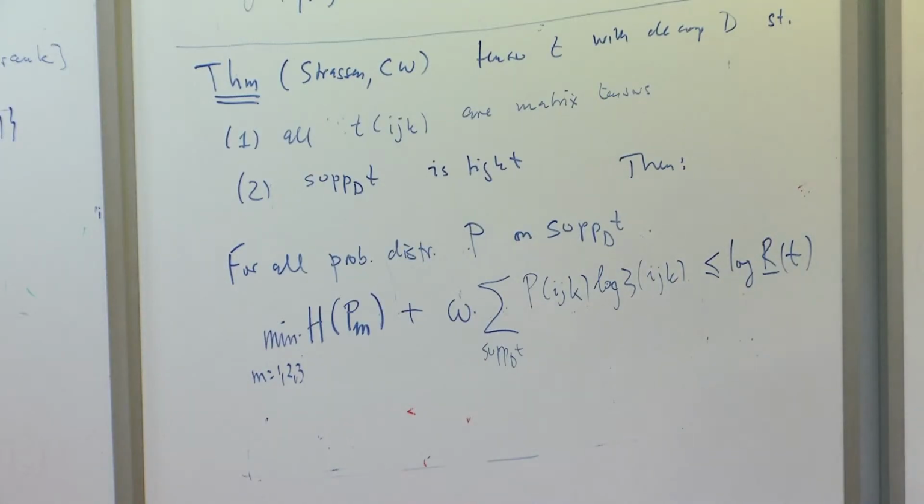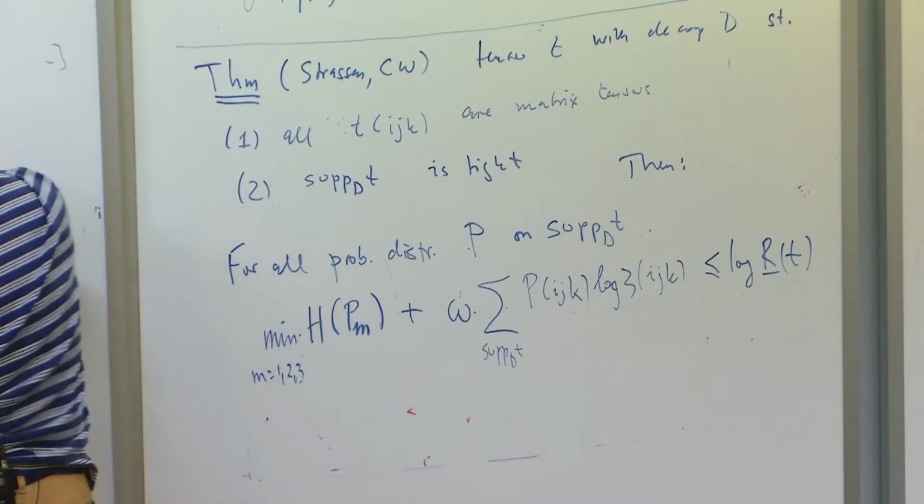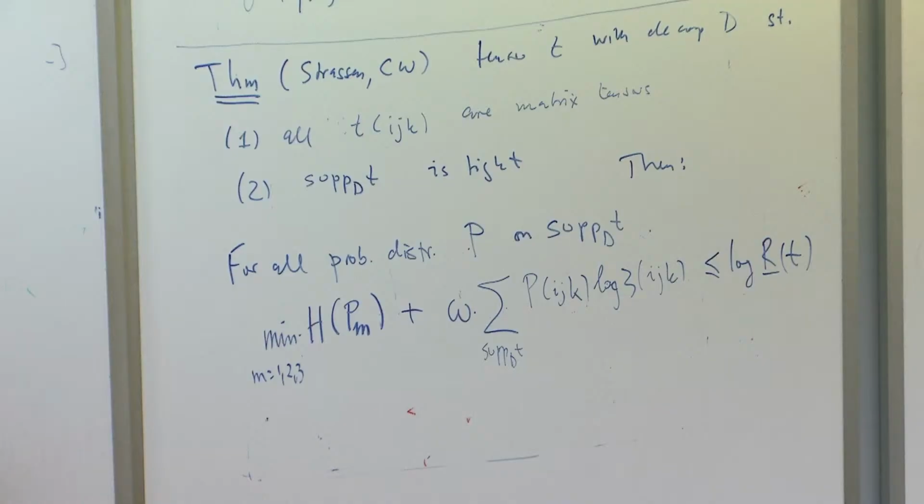Now I should write the definition of this function. I have to erase this. This is no big deal, it's just notation.